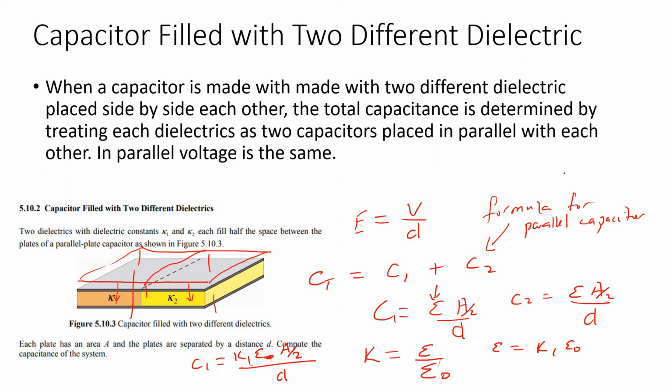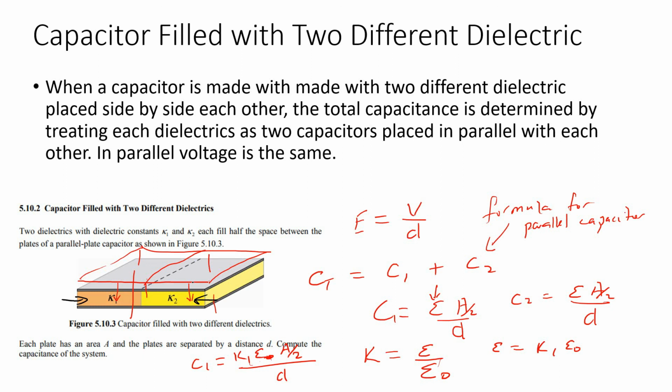Now, there's something about capacitors. There are times when a capacitor can be made with two different dielectrics. Whenever we see a capacitor looking like this, where we have one dielectric here and one dielectric here, touching together like that, we say that we have capacitors that are in parallel.